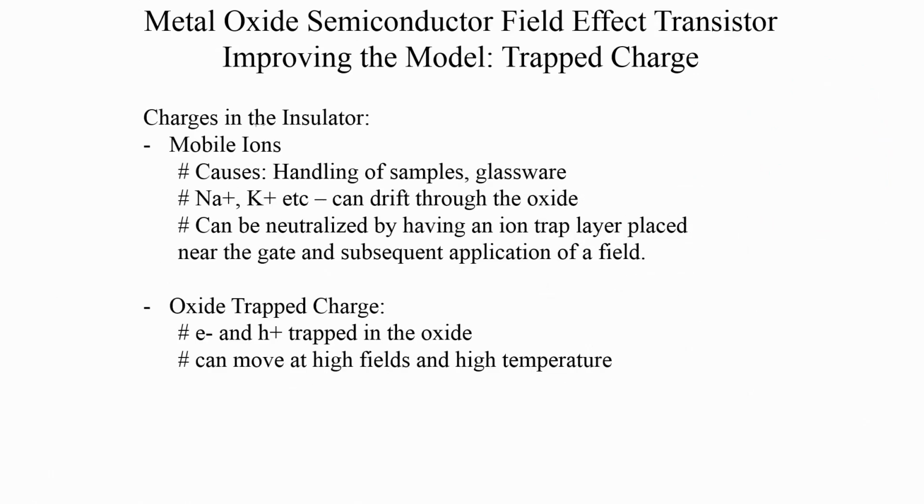So, the first ones, the charges in the insulator, you have mobile ions. Mobile ions are typically your sodium and potassium ions. Basically, these are salts that have ionized, and they occur because of poor handling of the samples or use of poor glassware, etc. For example, the ions present on your skin could get into the dielectric if you do not have proper clean room procedures.